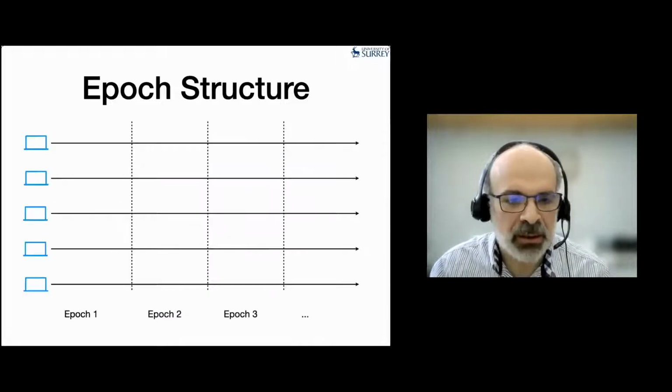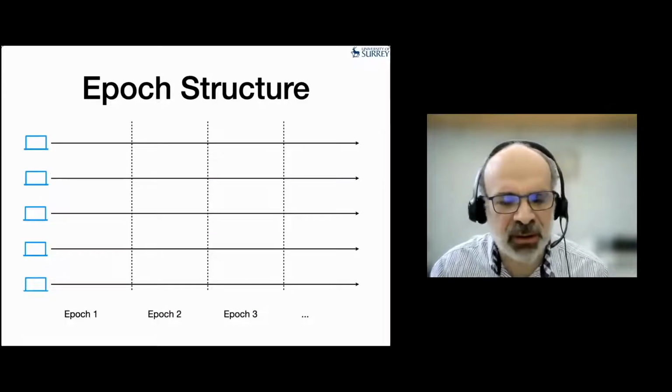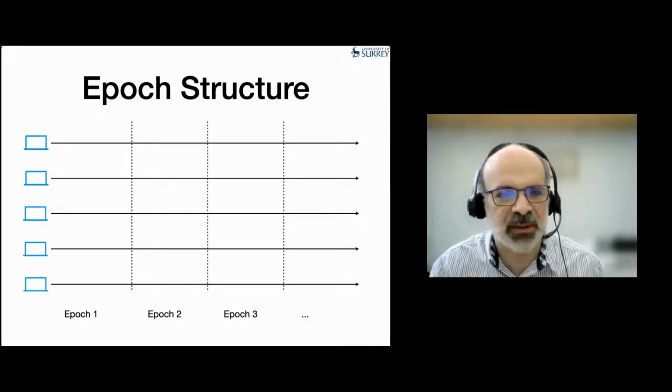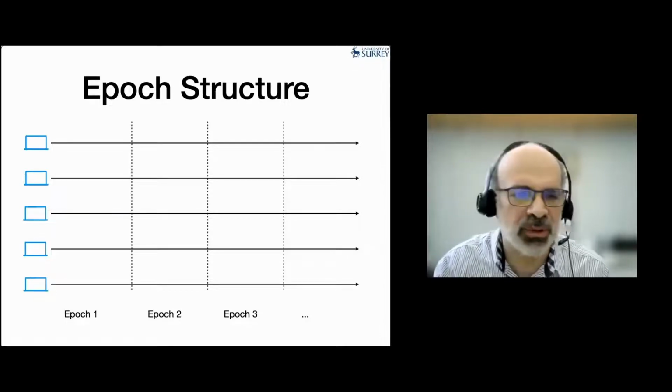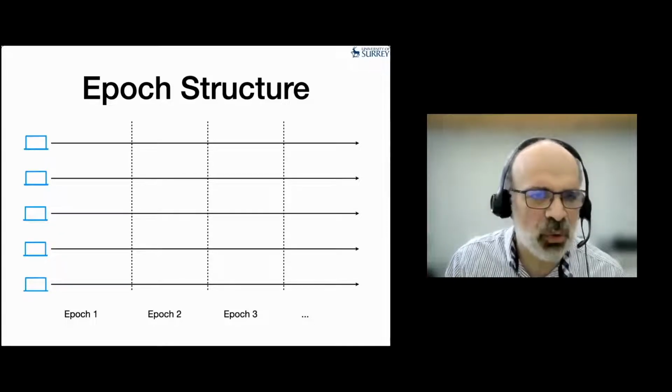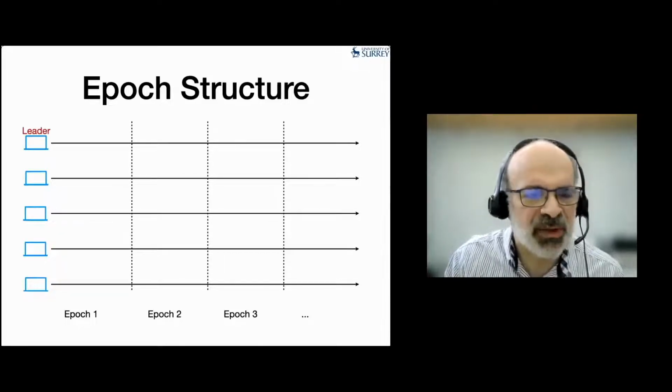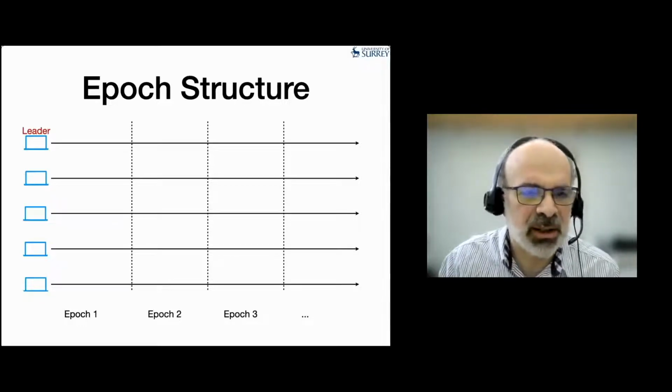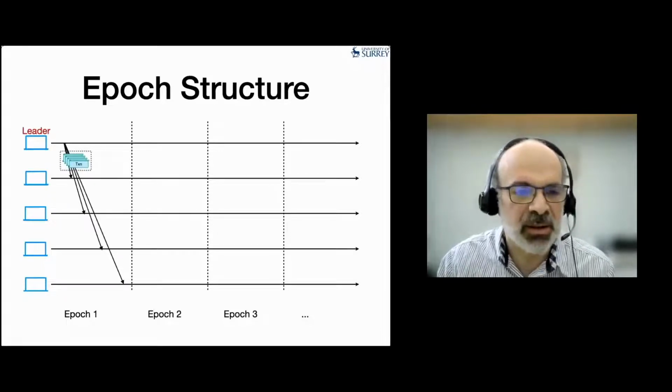Here is a very, very simplified picture of how it looks. Take the example of Nakamoto consensus. We have these epochs here. Someone successfully mines a block, and that person implicitly becomes the leader, and then can just propagate the correctly mined block to everyone.